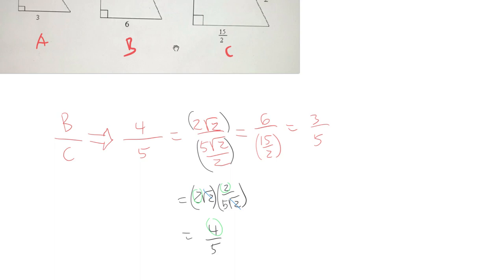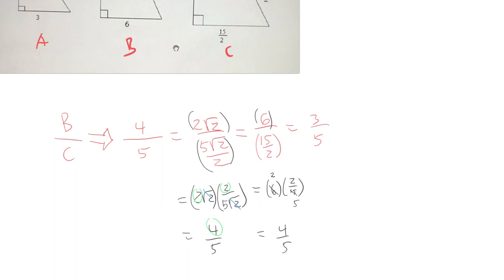So that actually does check out. With regards to this one here, this is secretly 6 times the reciprocal of 15 over 2, which is 2 over 15. And the 3's would cancel out, so we would have a 2 here, we would have a 5 here, and lo and behold, you would indeed have a 4 over 5.